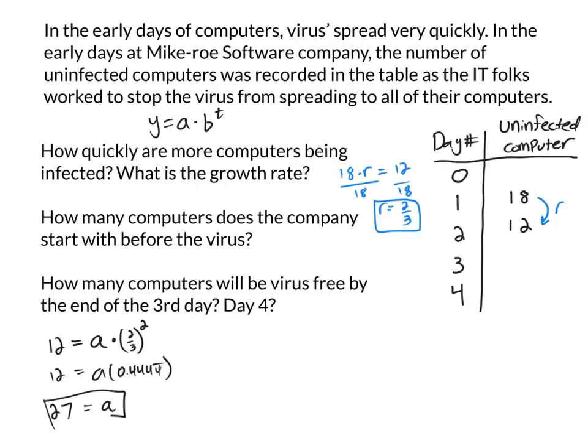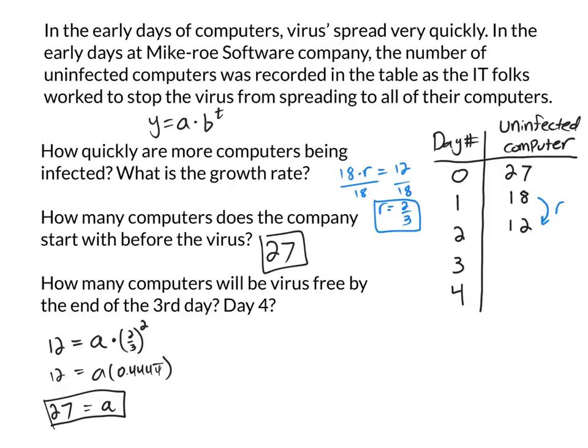So my starting point is 27. That tells me what happens on day 0, 27. So I've just answered this question. 27 is where we start. That's how many computers that we start with on day 0 before the virus has any time to spread.